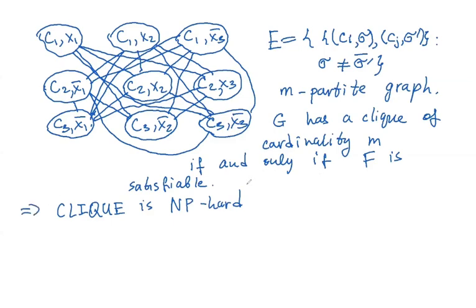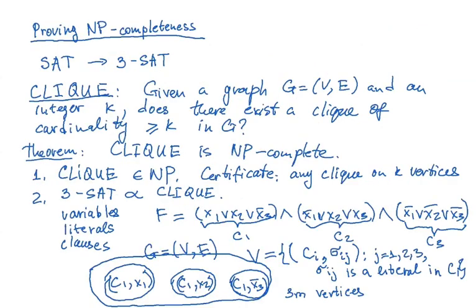Because we had the polynomial time reduction from the 3-SAT problem, which is known to be NP-complete, and together with the fact that clique belongs to the class NP, which was the first part of our proof, we conclude that clique is NP-complete. Once again, to show NP-completeness, we need both of these parts.